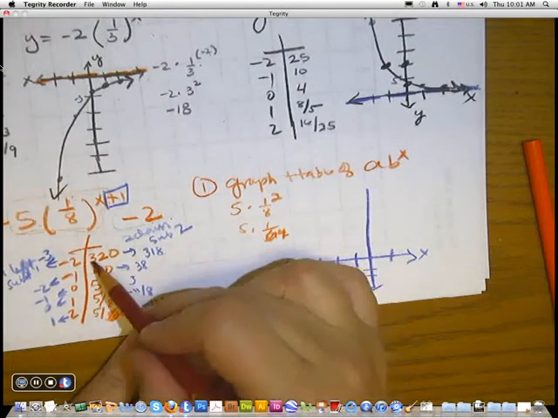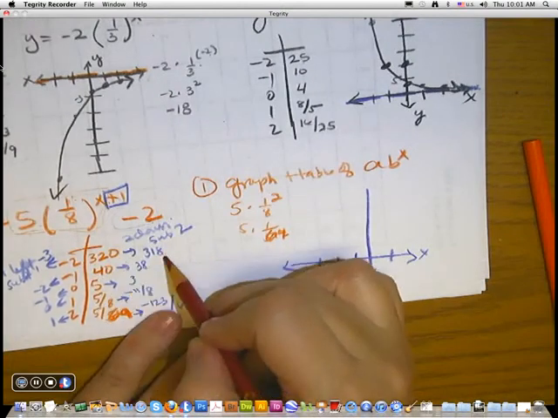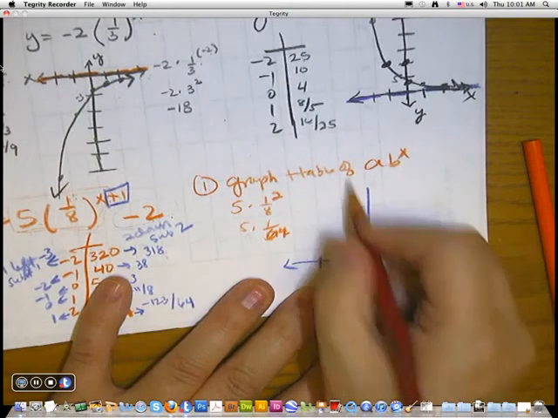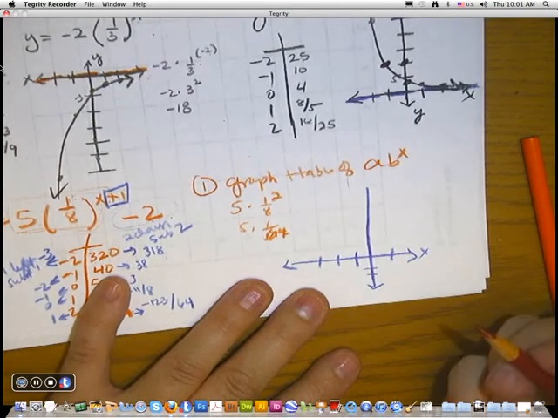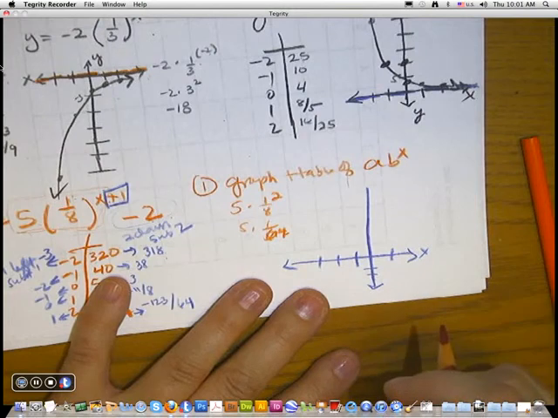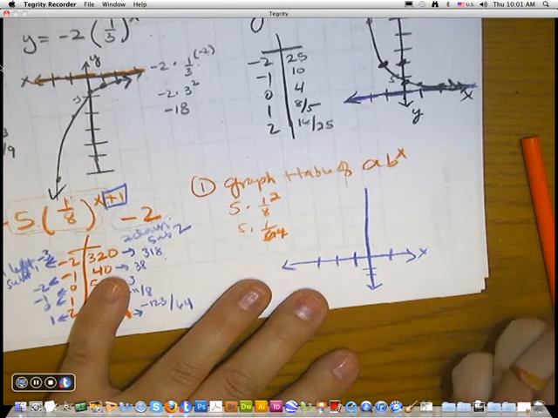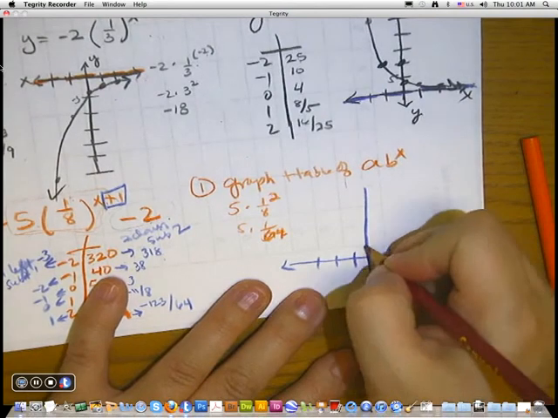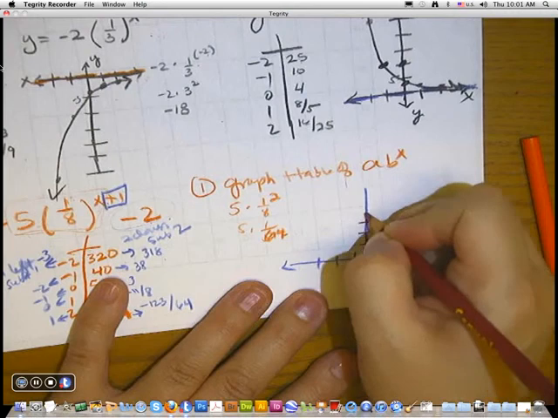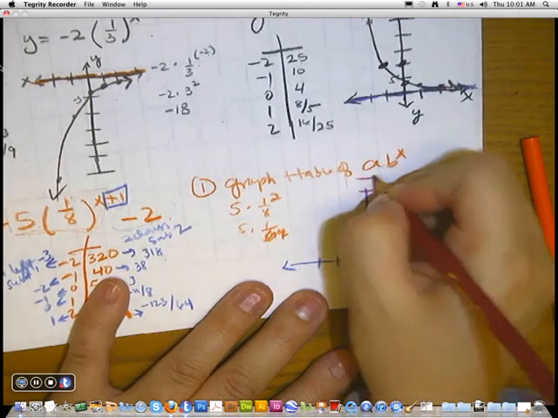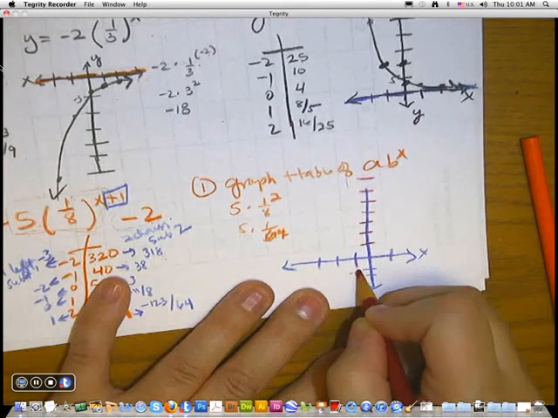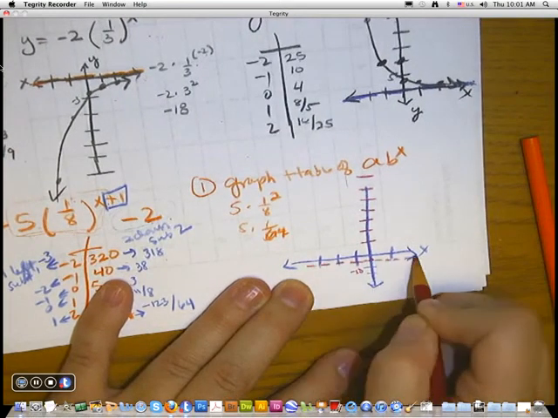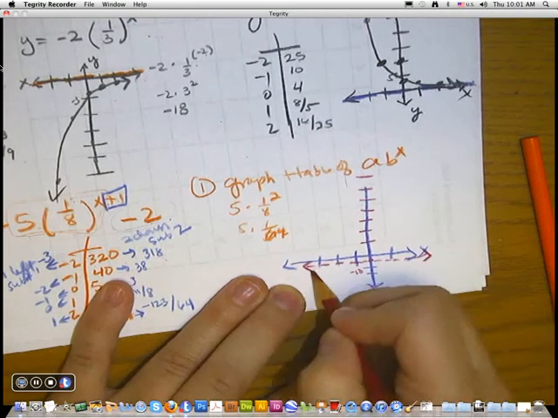If I have to go clear up to 318, I'm definitely going to use a different scale. Maybe my scale is going to go by 10s, 20s, 50s. If we went by 50, 100, 150, 200, 250, 300, 350, that means -2 is way down there, really close to the x-axis.